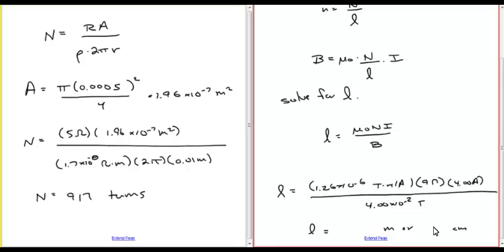So you get 0.0116 or 11.6 centimeters. Okay, that's it.